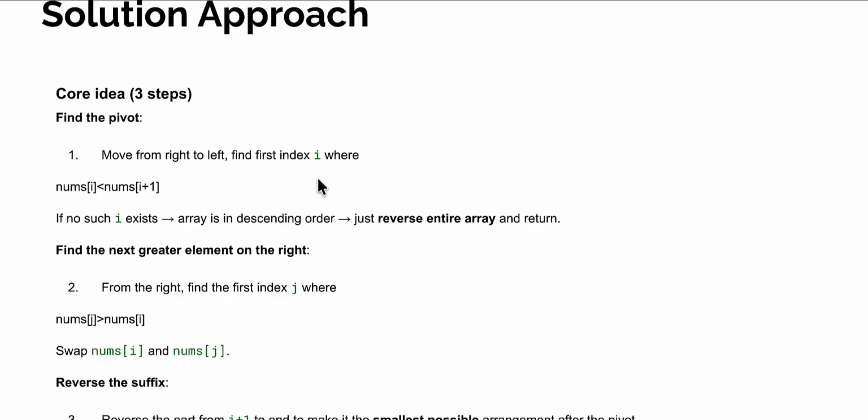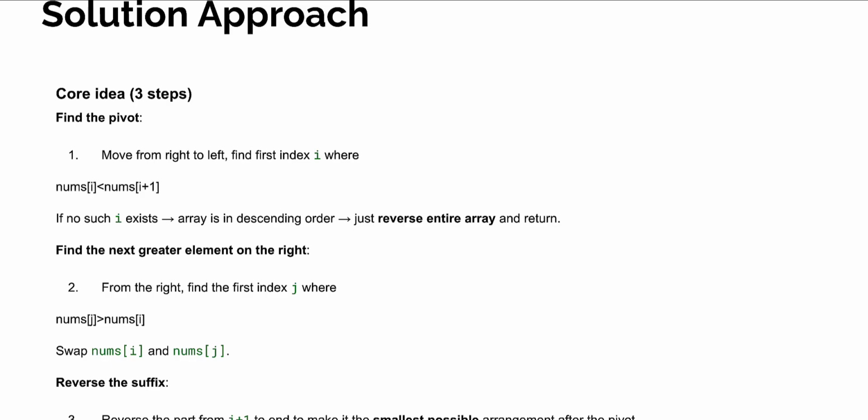Solution approach. The core idea is a three-step approach. First, find your left pointer, the pivot point: move from right to left and find i where nums of i is less than nums of i plus 1.